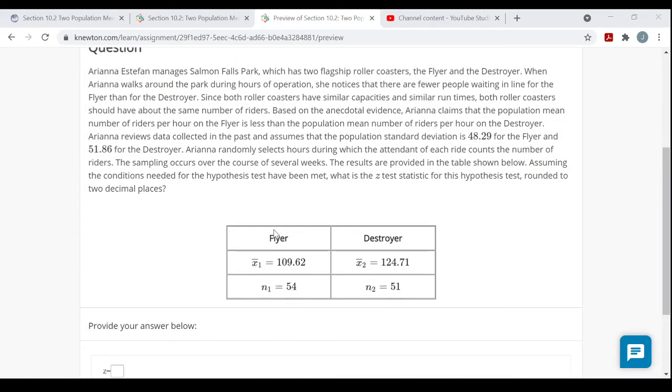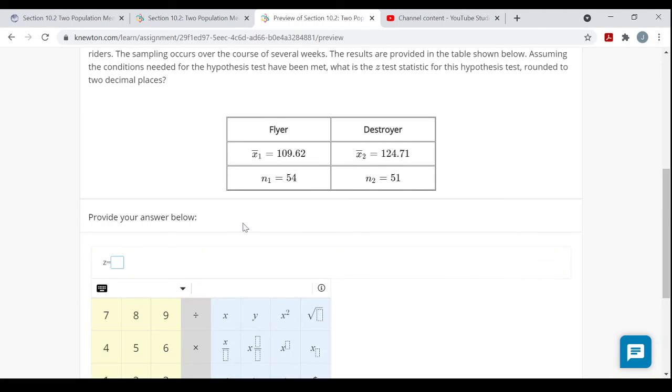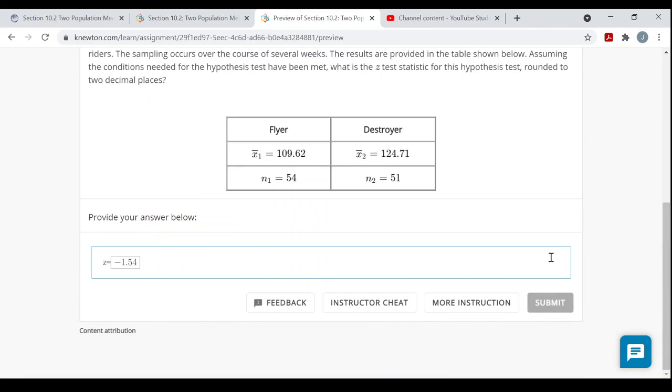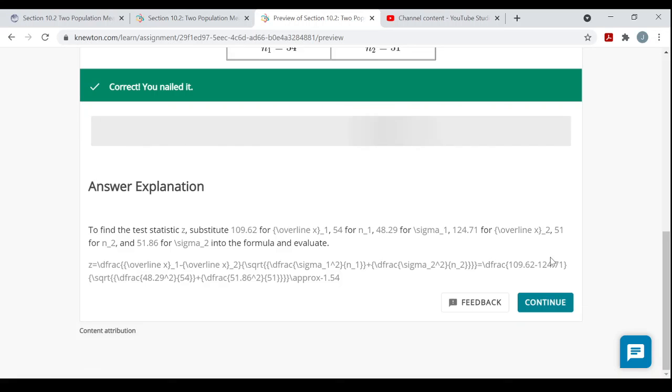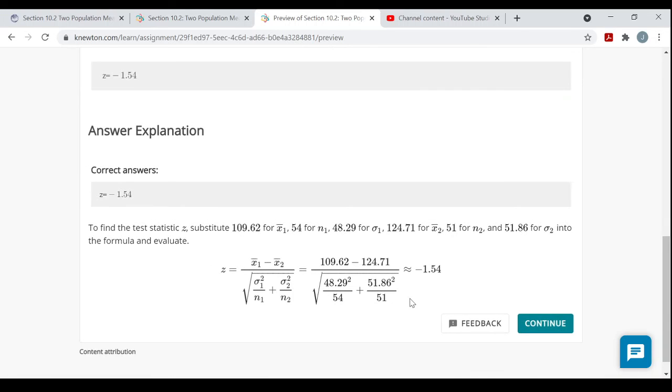But here we're just given the z-score, so entering here negative 1.54. Wonderful. And again, they go through the same calculation I just showed you. This is going to be your test statistic for this whole section of homework.